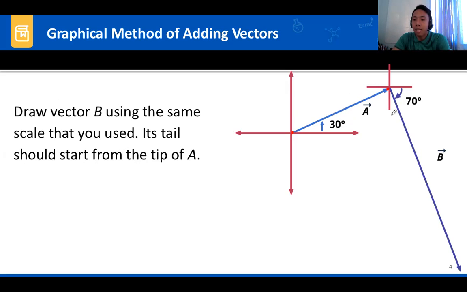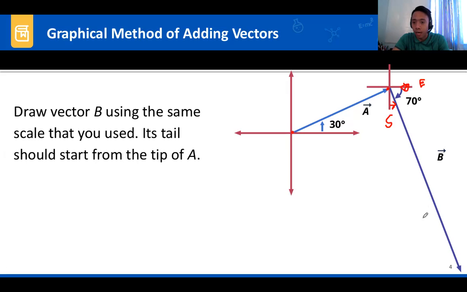So this is our south, this is our east. So we have 70 degrees. See, we started again here at x. The degrees are always from x. We cannot have a degree from y in terms of vector. Always x.